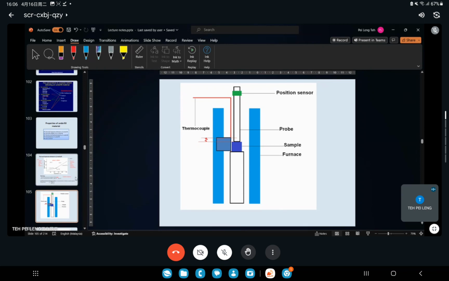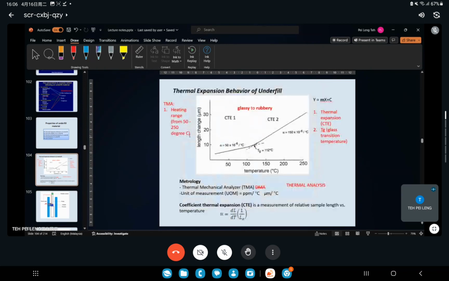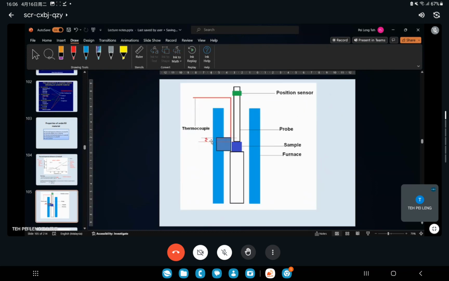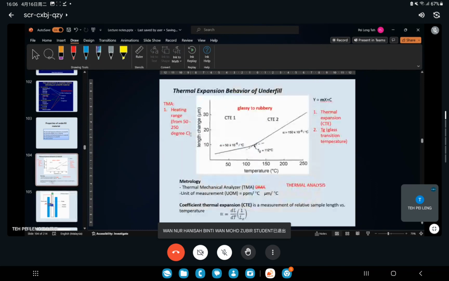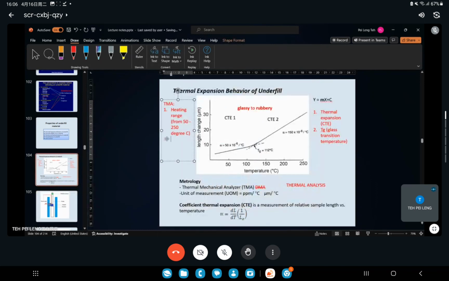So this will be your changes. Second thing, let me know what to measure, what you need to key in. If I want to measure this, what do I need to tell the machine? Anyone want to try? Second thing, I need to tell the machine about what?